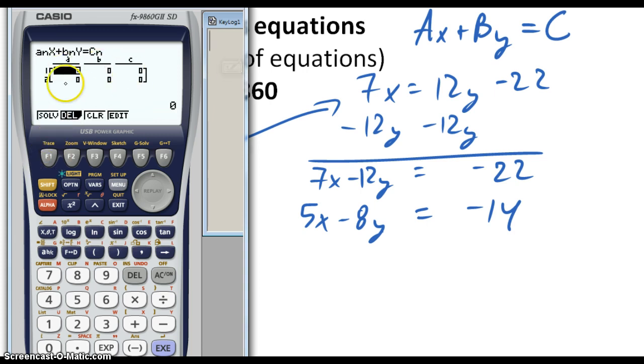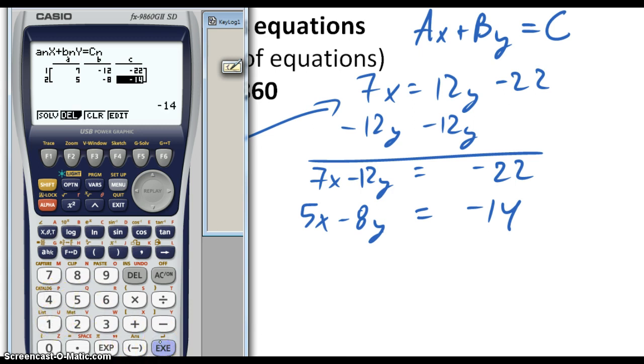Okay, and here's the matrix. We have to enter the matrix. We're entering the coefficients of each. Notice if there was no coefficient here, if it was just like minus y, it'd be a negative 1. Remember that. But in this case, we have 7, negative 12, negative 22, 5, negative 8, and negative 14.